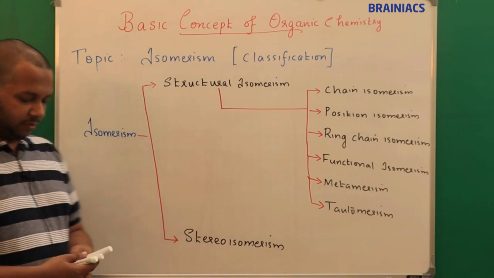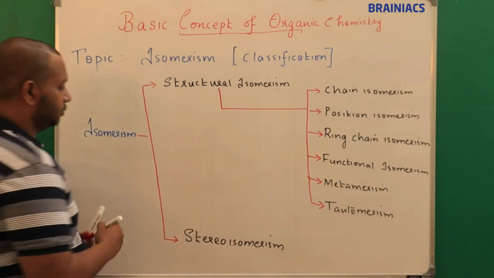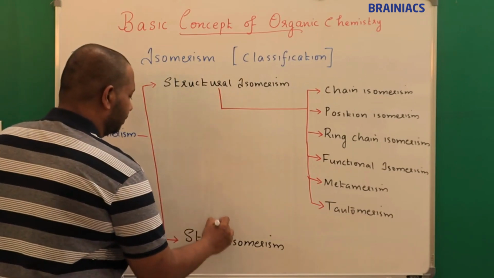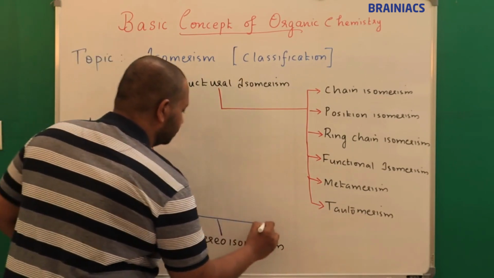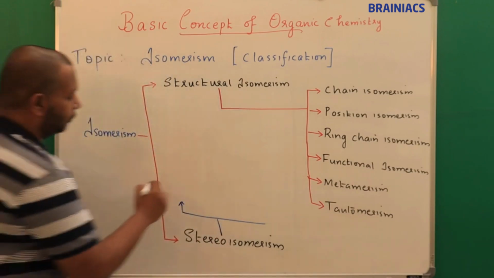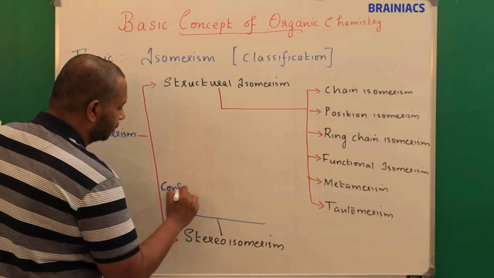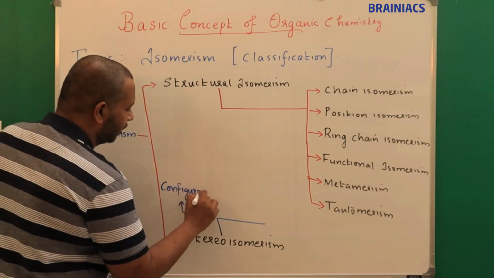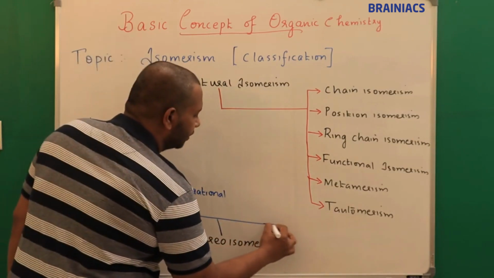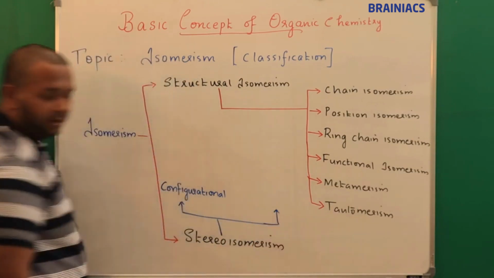So stereoisomerism is further classified into two broad things. The first one is configurational stereoisomerism. And the other one, can anybody say?